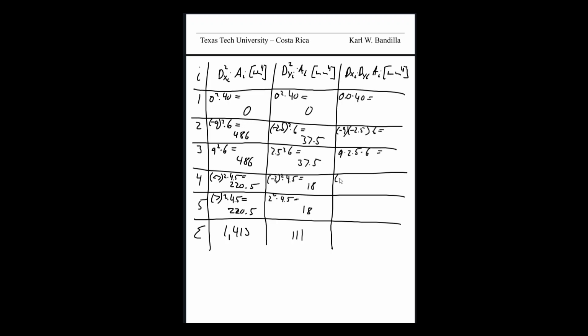We get minus 7 times minus 2 times 4.5, and we get 7 times 2 times 4.5. That happens when you don't write clearly. And that gives me 0. That's easy. 135, 135, 63, and 63, and together 396. All right. With that, we are pretty much done.